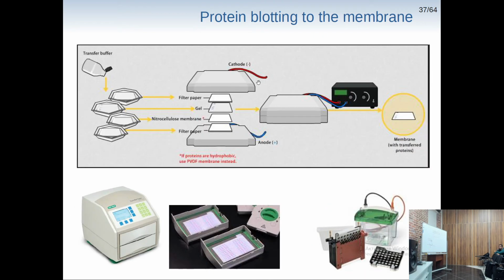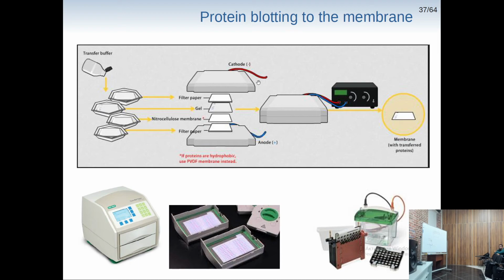So, afterwards, we can use different apparatus which can do this electroblotting. As I've already mentioned, we can also use capillary effect and vacuum to do the blotting, but most of the time we use electroblotting with SDS gels. And there are different types of such instruments.